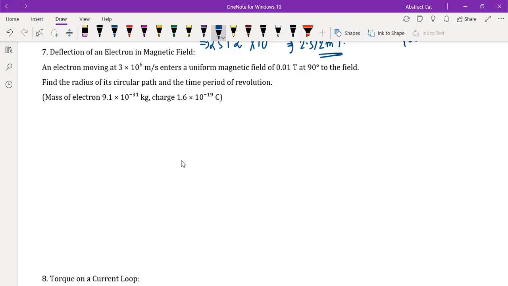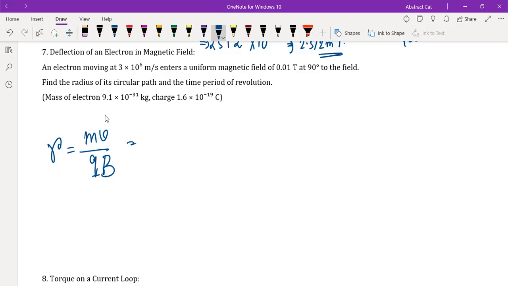So first find the radius of the circular path. We know that r is equal to mv by qB. We know this from solving the first numerical with the help of this equation.